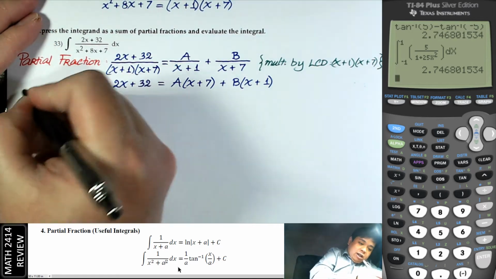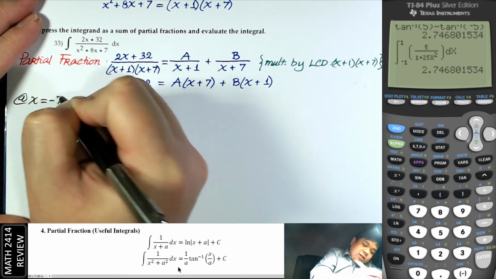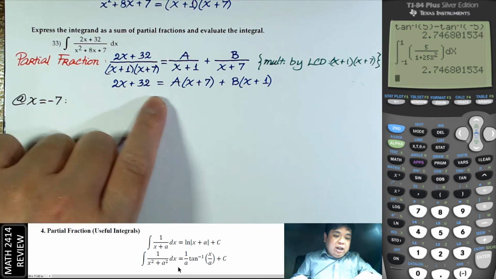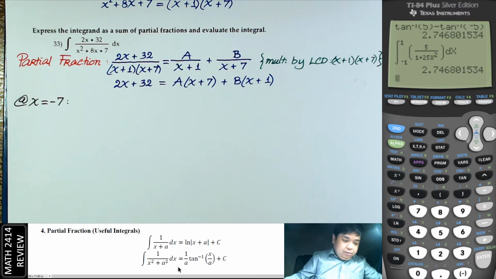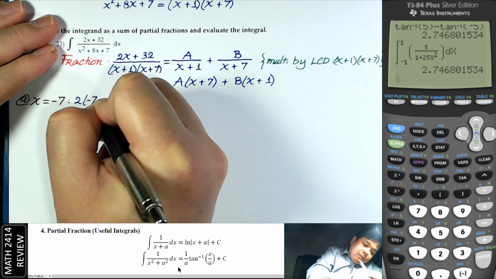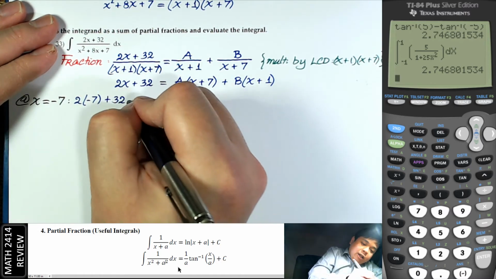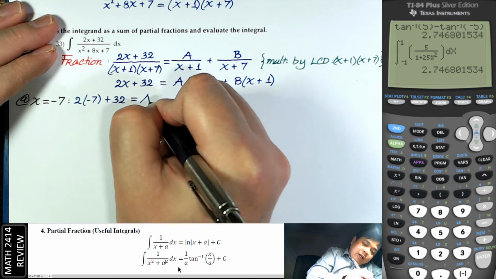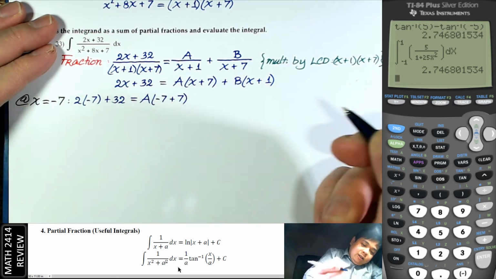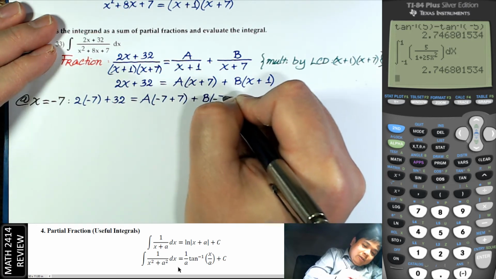So when x equals negative 7, I put negative 7 for all the x's. Negative 14 plus 32 equals a times negative 7 plus 7, plus b times negative 7 plus 1.